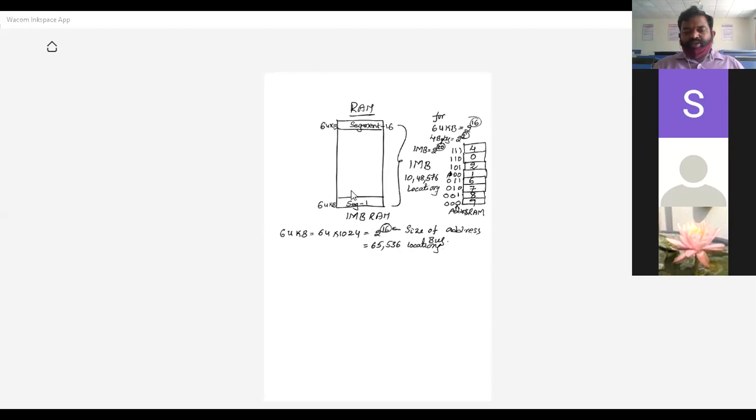Every memory location contains a specific address. These 10,48,576 locations are nothing but 2 power 20. We take the 2 only, not 3. Why? There is a reason. Address is always represented in the form of zeros and ones, only 2 digits.